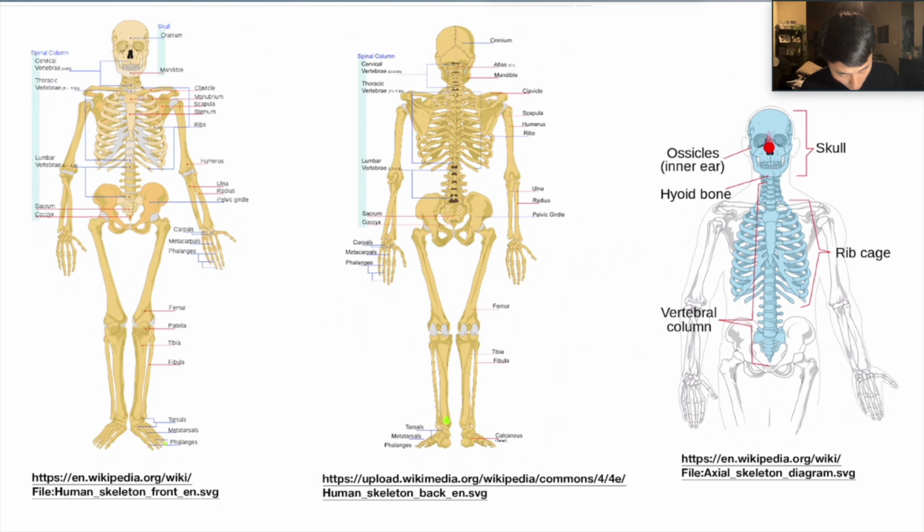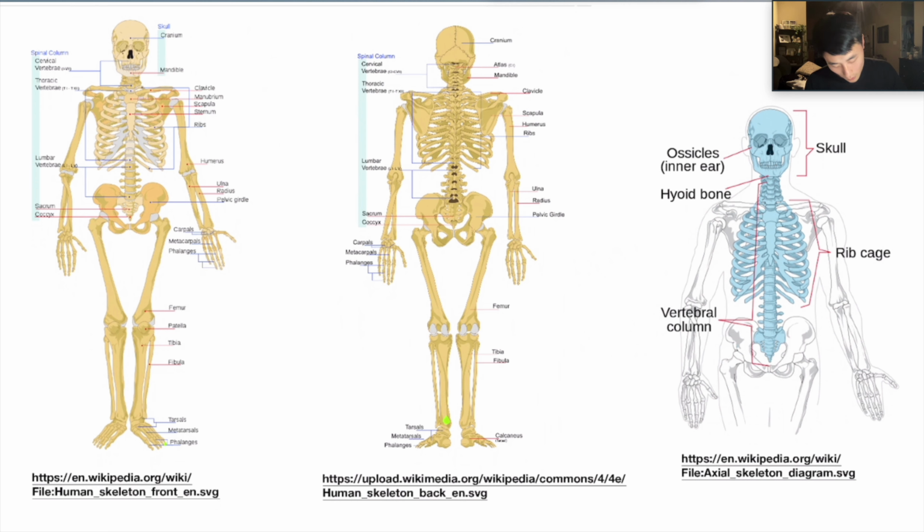This structure is called the axial skeleton, and these structures are called the appendicular skeleton. So think of it as the 4 limbs plus the supporting bones of the limbs are the appendicular, versus the middle one that goes right down the middle around the vertebral column, which is called the axial skeleton, which makes sense.